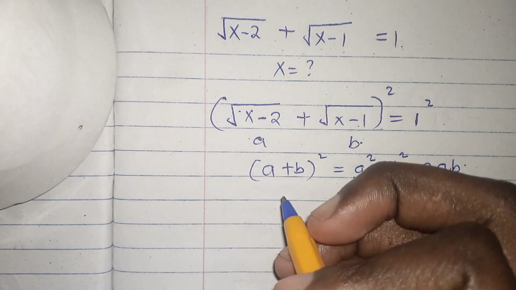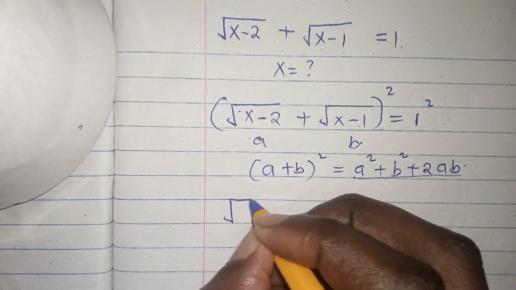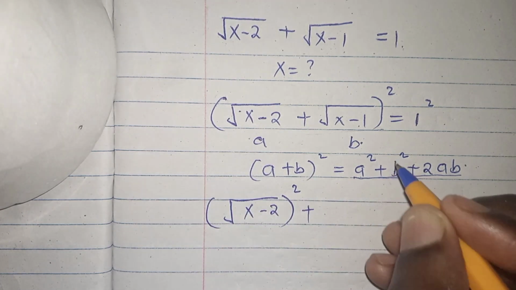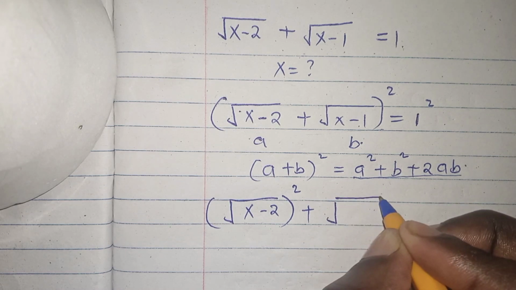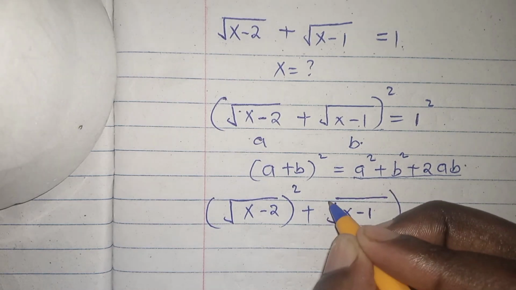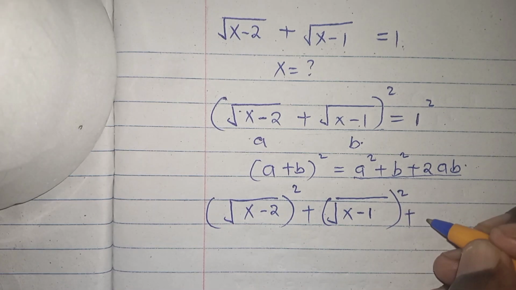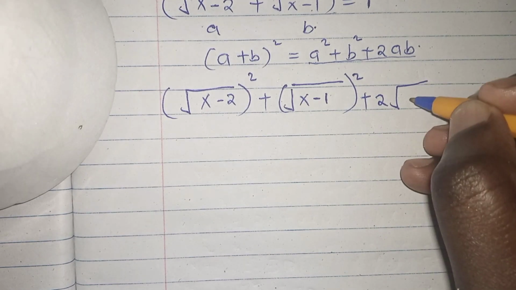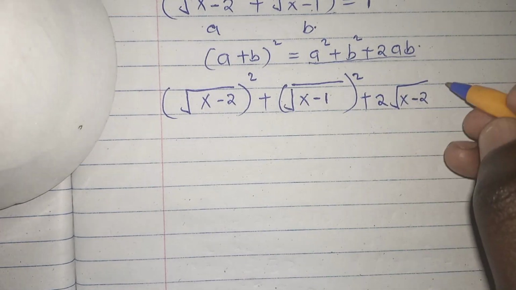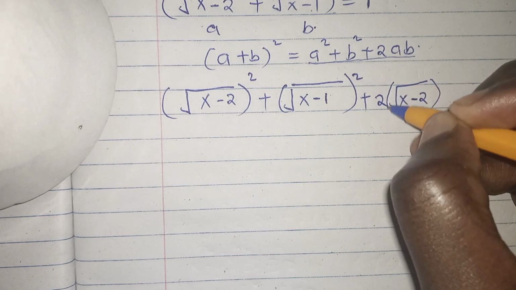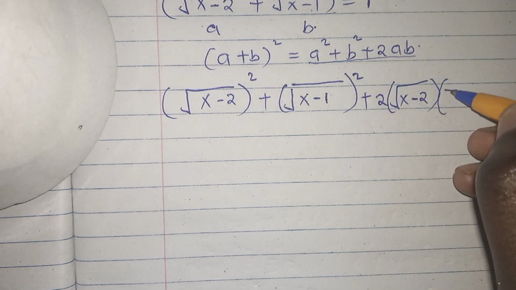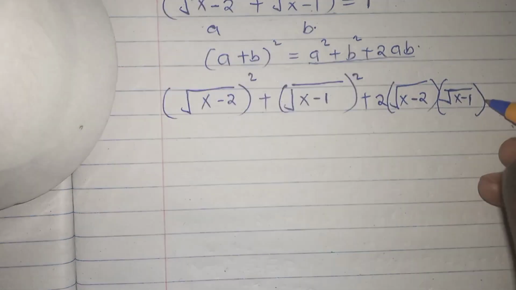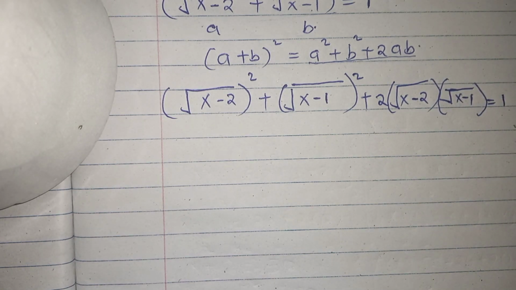So a squared becomes the square root of x minus 2, squared, plus b squared, which is the square root of x minus 1, squared, plus 2a, which is the square root of x minus 2, times b, the square root of x minus 1, is equal to 1, right?